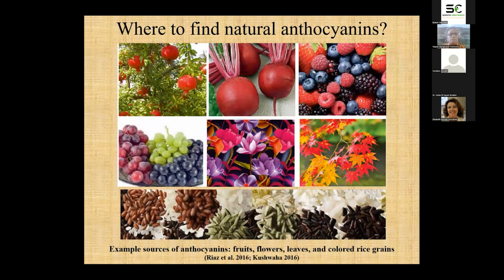Where can we find anthocyanins? These are examples of plant products that contain anthocyanins, different fruits. This one is maple leaves, and they normally turn from green to red when approaching the fall season.